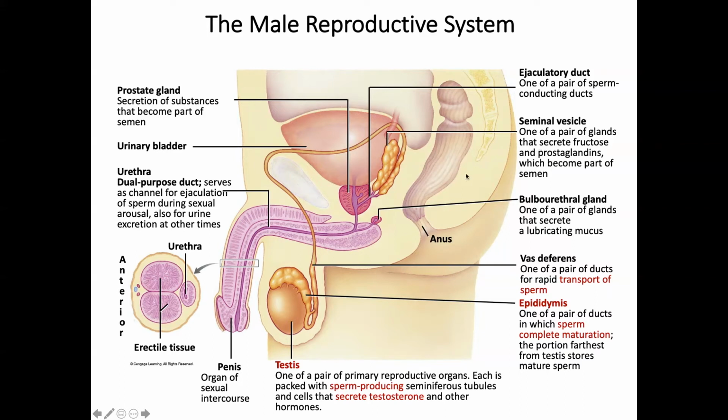And then it goes to the urethra. So remember, the urethra is a dual purpose duct. This is because it serves as the channel for semen ejaculation and also for urine excretion.